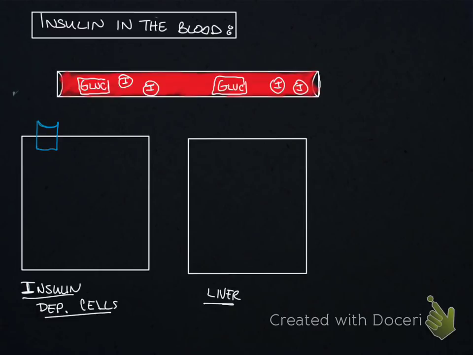So this is going to be our insulin receptor. So when we have glucose and insulin in the blood, this hormone will bind to its insulin receptor. This causes a second messenger cascade.